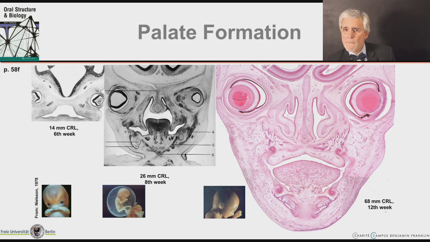This is a basic prerequisite for creating enough space in the oronasal cavity for the tongue to descend and for the two lateral palatal processes to come together in the middle above it. Further downgrowth of the nasal septum and growth of the palatal processes toward the middle enables them to join, but of course only when the tongue is pulled out of the way.